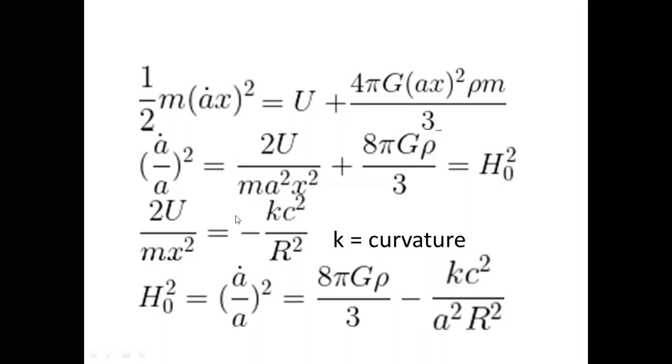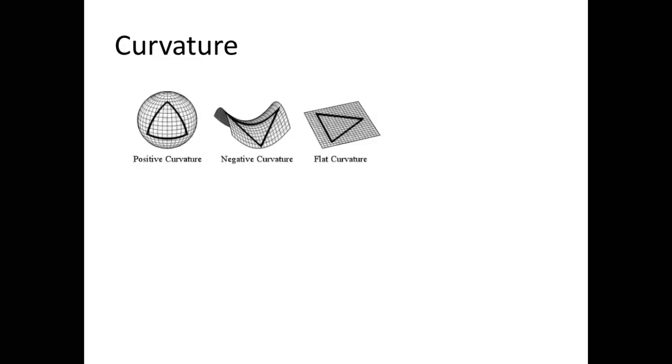So I've mentioned this thing called the curvature earlier, right? Which is dependent on the total energy. So what do I mean by this? You can kind of view the universe as a plane, if you will. Like I said, we're going to simplify it like the balloon, and it can either have positive, negative, or flat curvature. Positive curvature is when k is greater than 0. Negative curvature is when k is less than 0.